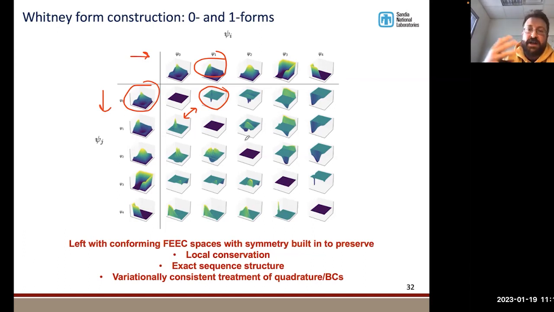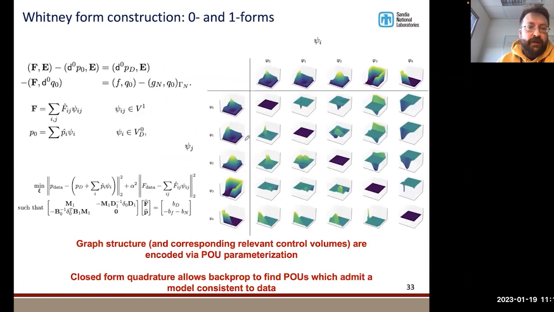It's a parameterized finite element space that will pop up. Usually we would build these by hand. Instead, we're going to machine learn them. In this case, we're just going to learn a diffusion problem, just to keep it simple.